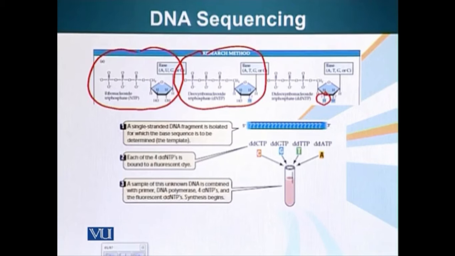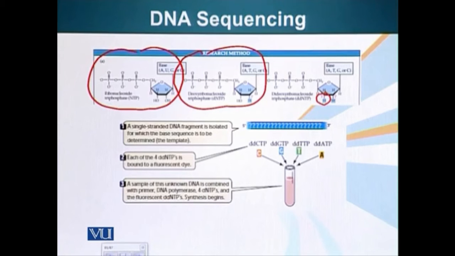So we use the dideoxyribonucleosides in a PCR reaction for sequencing. Let's see how that is done. We make 4 different types of dideoxynucleotides, one for each base present in the DNA.